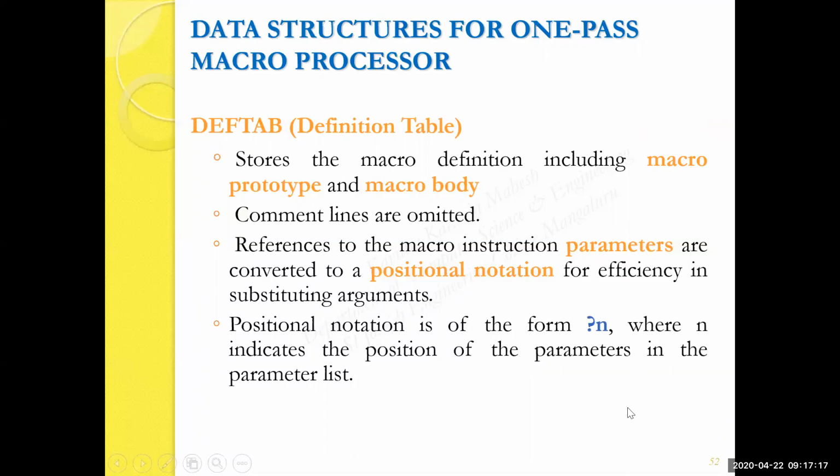This is done to enable substitution of arguments based on position, because the first parameter will be replaced with the first argument. So whenever you see the first parameter in the body of the macro, you replace it with $1.